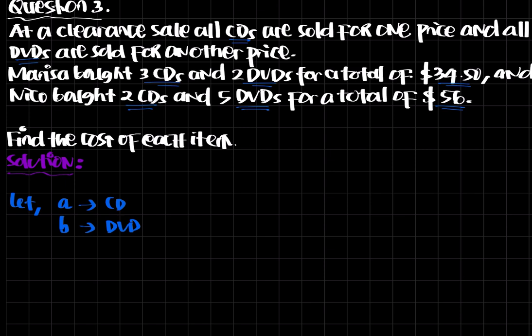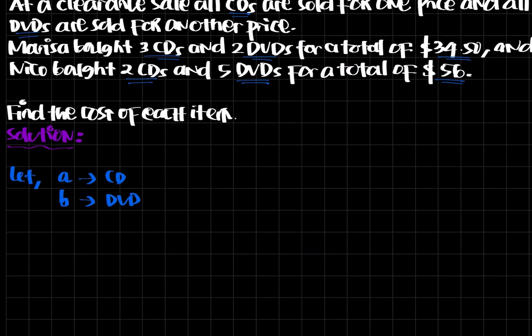Now, how many CDs did Marisa buy? From this we get 3A plus 2B equals 34.50.